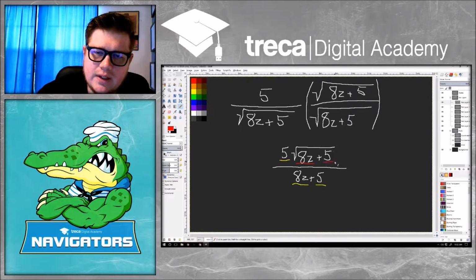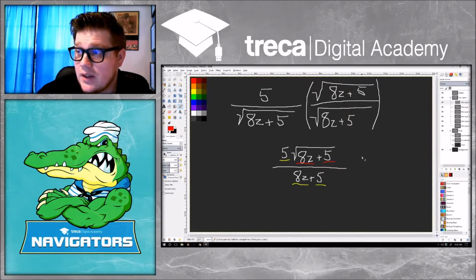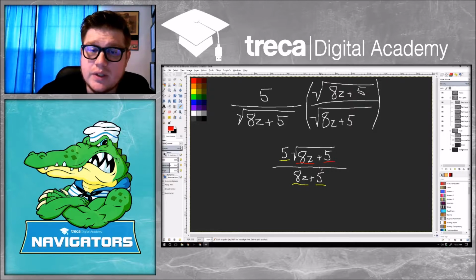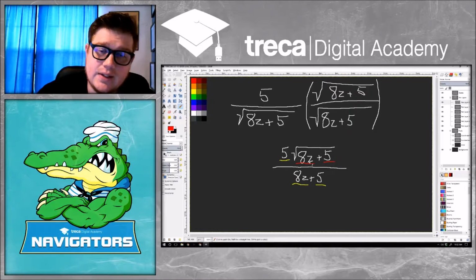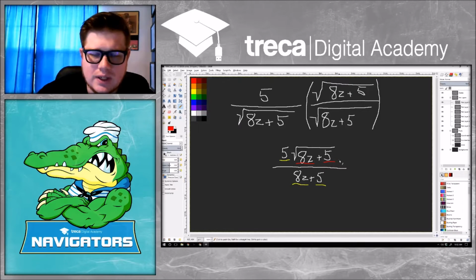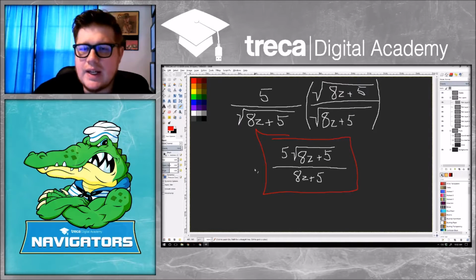We have an 8z and a 5. There's no way of pulling anything out that would be a perfect square. So we could pull the 4 out of the 8z so that we could reduce that, but we can't pull the 4 out of 5, so it's not going to work. So this is our answer. 5 times the square root of 8z plus 5 over the quantity 8z plus 5.